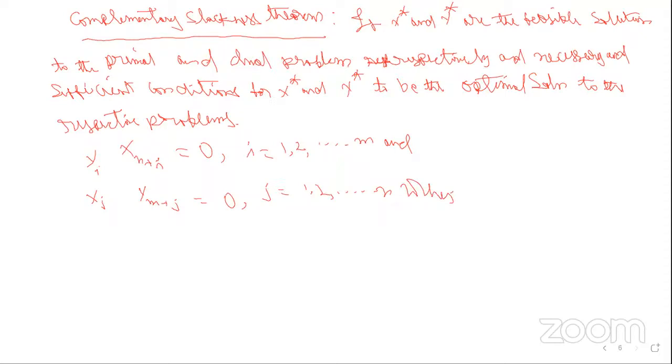where x n plus i is the ith slack variable in primal LPP.